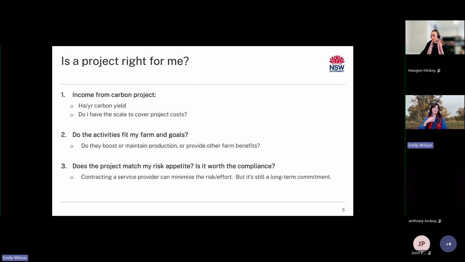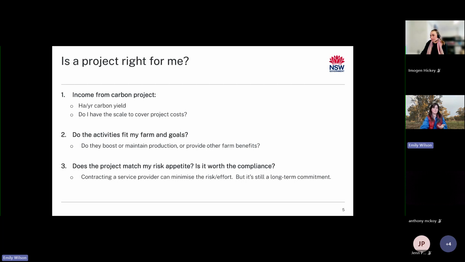And then the third part of that is assessing where you're at in your farming journey, and whether it matches your risk appetite and whether the potential benefits of the project are worth the compliance. So are you at a point in time where you don't want to take on any more risk or debt? Are you at a time where you're wanting to downsize or sell your farm soon?